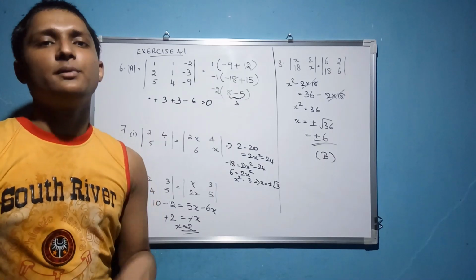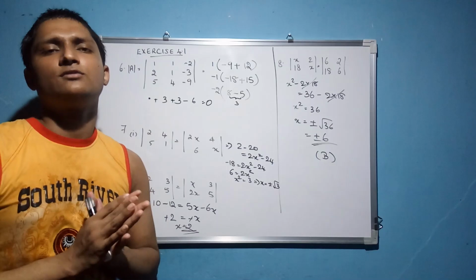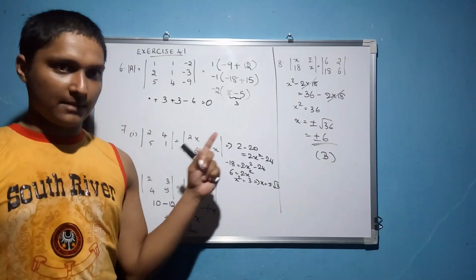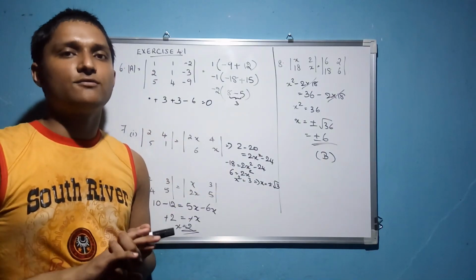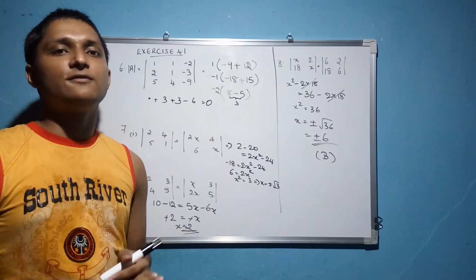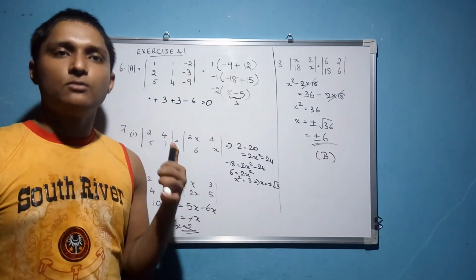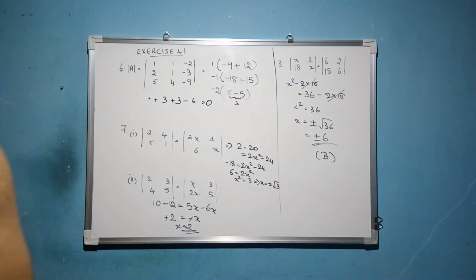We are going to use the properties in the next part to expand and find out the factors of the determinant. Determinant is just a number, right? So we need to find the factors of such a determinant by using the different properties. So we can have several types of questions over there. The most difficult types of questions come from there. Okay, thank you.